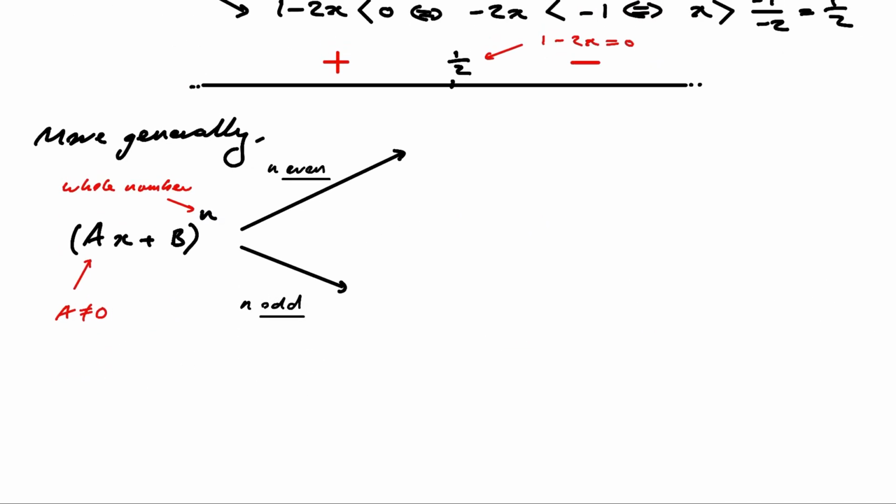So let's break this into two pieces: one where A is positive and one where A is negative.